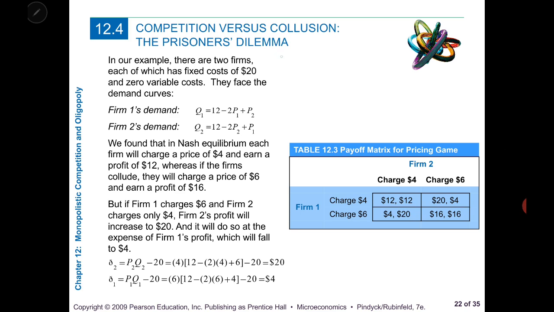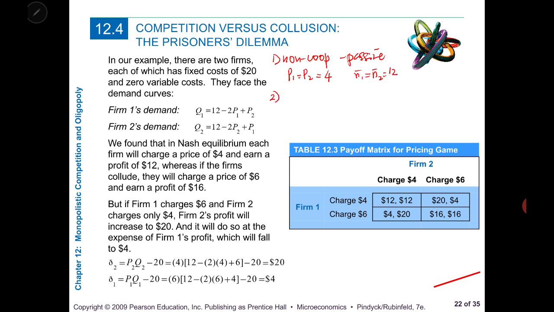In the last video we looked at two situations where firms compete with each other in a non-cooperative way, so non-cooperative and passive. We've done the calculations. We see that they both end up with P equals 4 and individual firms' profit is 12.